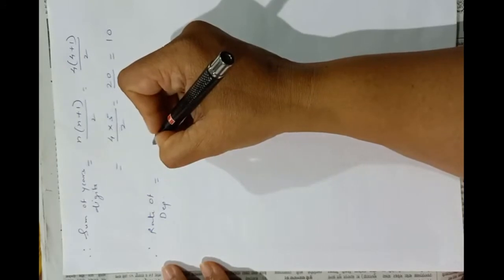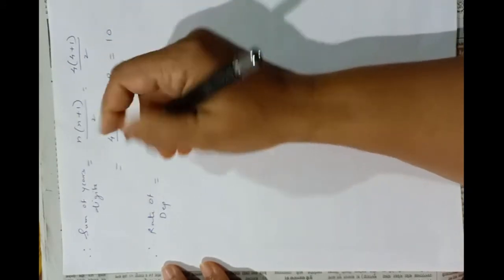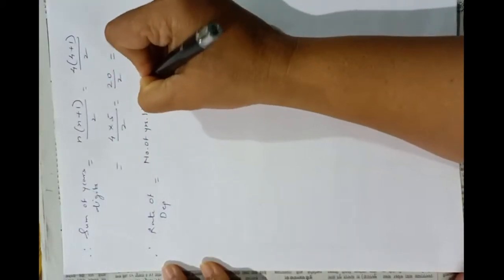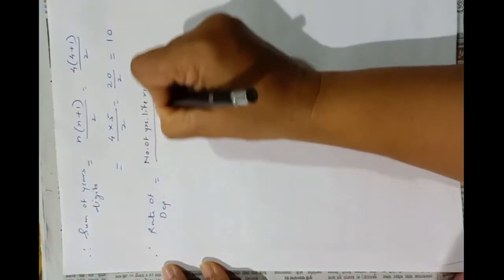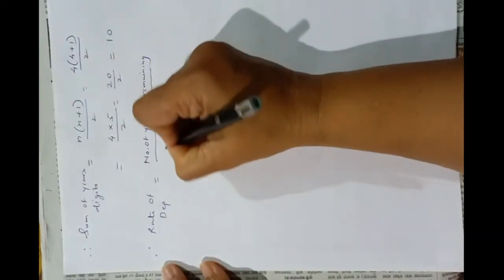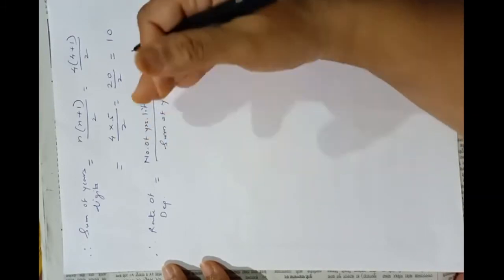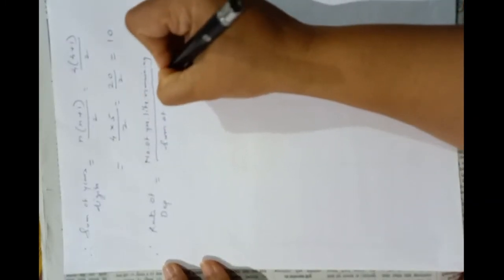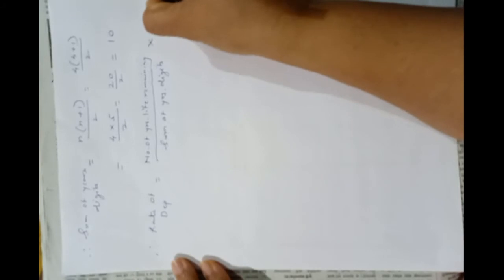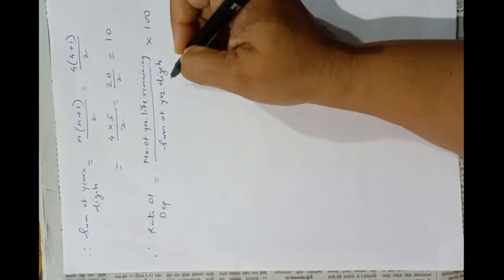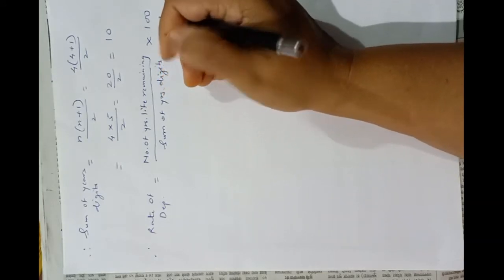The formula is number of years life remaining of the machine upon sum of years digits, that is the total of all digits of the life of the asset, into 100, because we are calculating a rate. Understood? Number of years life remaining means how many years of life remain, upon sum of years digits, meaning the total of all digits of the life of the asset, that is 10.